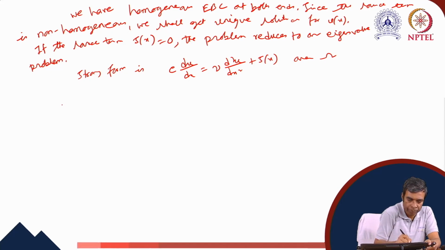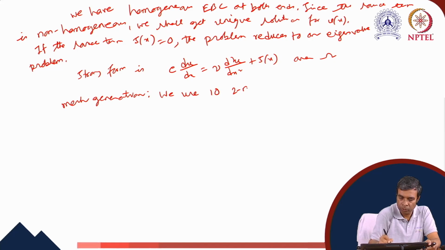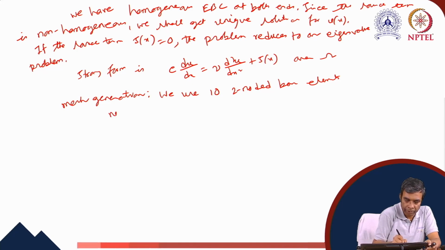So in preprocessor, let us begin with the mesh generation. We use 10 two-noded bar elements. This gives us number of elements, num equals to 10, and number of nodal points in the entire mesh, numnp equals to 11.